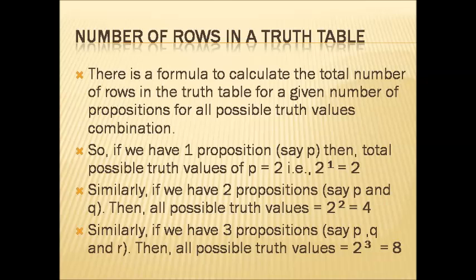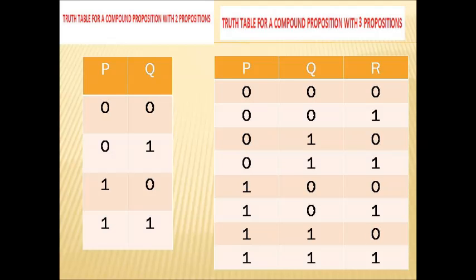Okay, here you can see the truth table for a compound proposition which contains 2 propositions, and on the right hand side we have a compound proposition with 3 propositions. Look at the truth table for the compound proposition with 2 propositions and the compound proposition with 3 propositions.